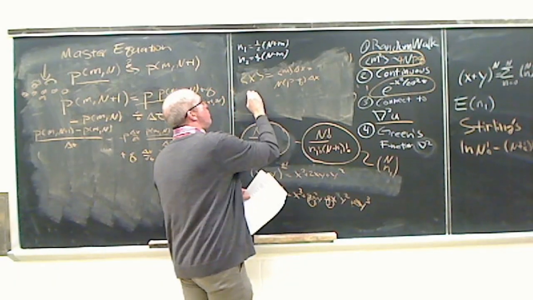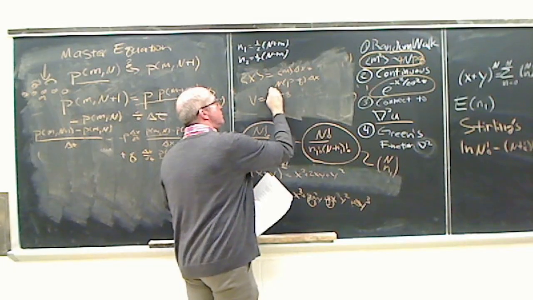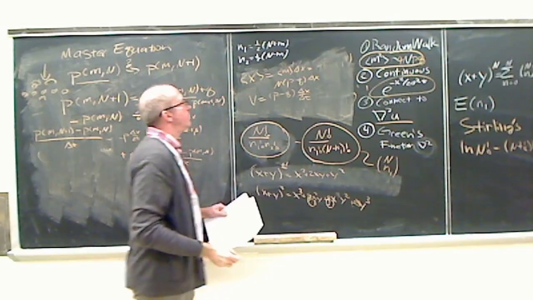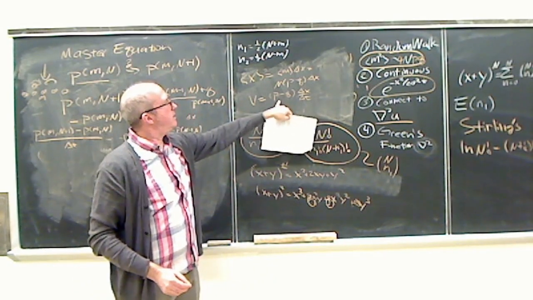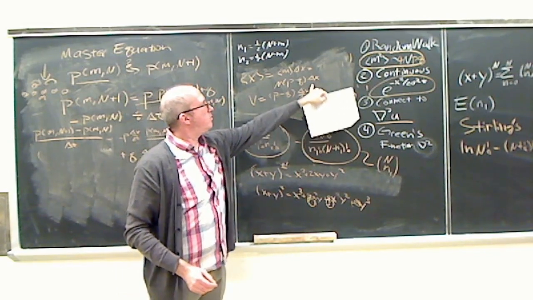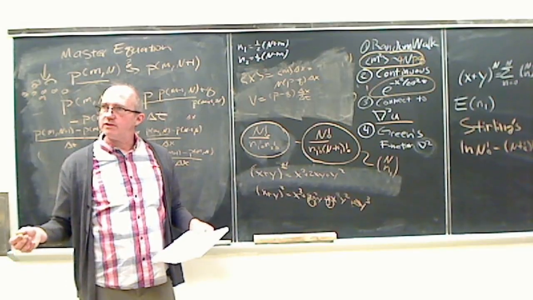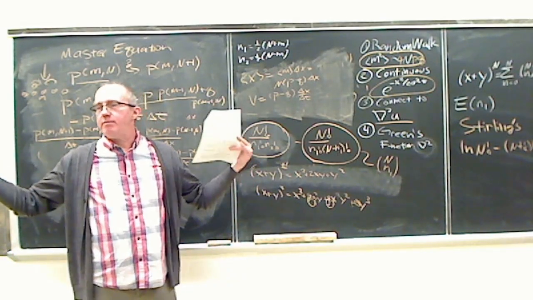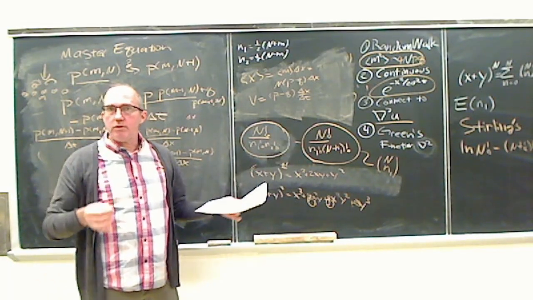And so we're going to define a quantity v, which is the velocity, and this is P minus Q times delta x over delta t. So it's just the difference in the probabilities times your units. So this is the drift velocity. If I have this random process, I'm more likely to go one way than the other. There's going to be a net drift in the way that's more probable.